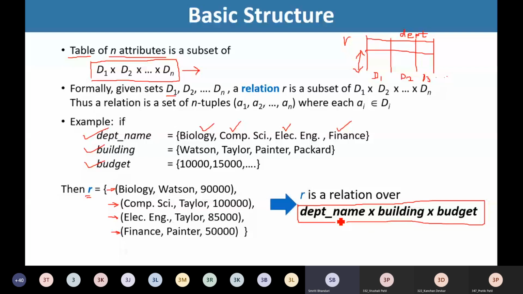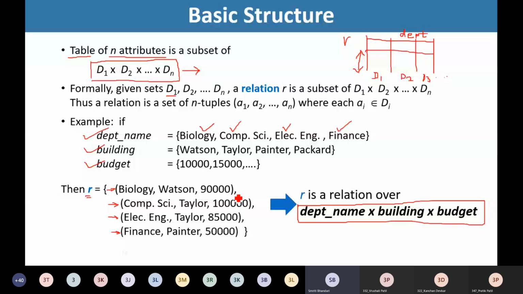Are you getting me? So whatever are the permitted values, whatever are the domains, for every row I'll be having some value from that domain. And this is how I'm having some meaningful relation wherein I'm storing the data with respect to the departments.